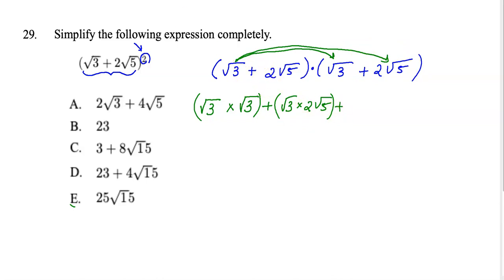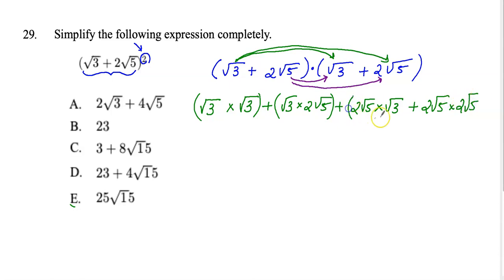Continue to use addition because it's all addition. And now I'm going to multiply this piece times this piece and this piece times this piece as follows. 2 square root 5 times this piece, square root 3, plus 2 square root 5 from here times 2 square root 5.